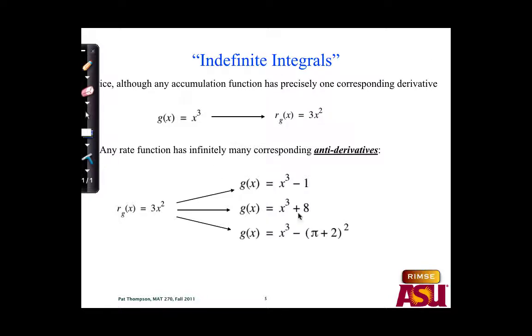You can't tell from this form as easily as from the open form, but this one starts at x equals 1, this one starts at negative 2, this one starts at pi plus 2. At that particular x value, these all have correspondingly values of 0 as their output. So that's where we can say their accumulation begins from that point, that's the reset at A. But each of these is described as an antiderivative of the function 3x squared.